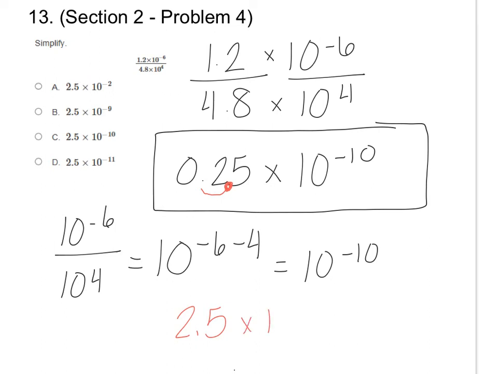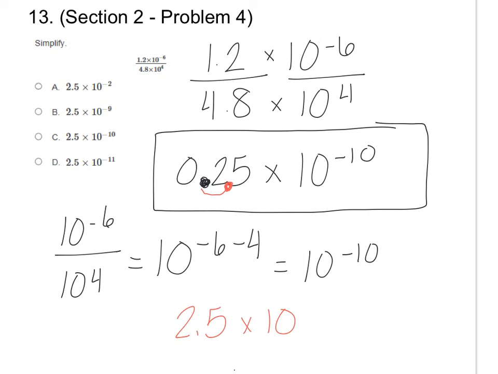Then I'm going to multiply that by 10, but I have to look at this exponent, negative 10. When the decimal point was right here and it was times 10 to the negative 10, it meant I would divide by 10 ten times, which would move the decimal point to the left 10 places. But because I moved my decimal point here, I actually have to divide by 10 one more time.